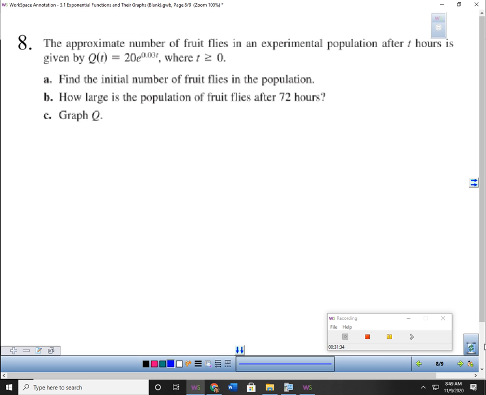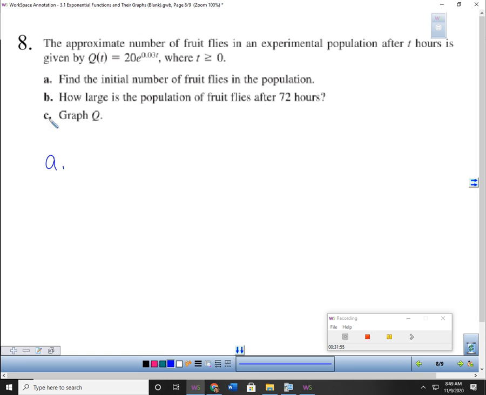Okay, number 8. The approximate number of fruit flies in an experimental population after T hours is given by this equation where T is greater than or equal to 0. So you can't have a time amount that's smaller than 0, correct? So we're going to find the initial number of fruit flies. Well, how do you know how many fruit flies you had in the beginning?